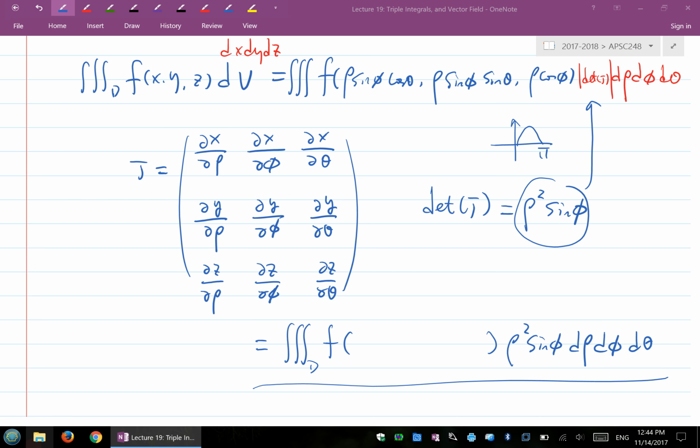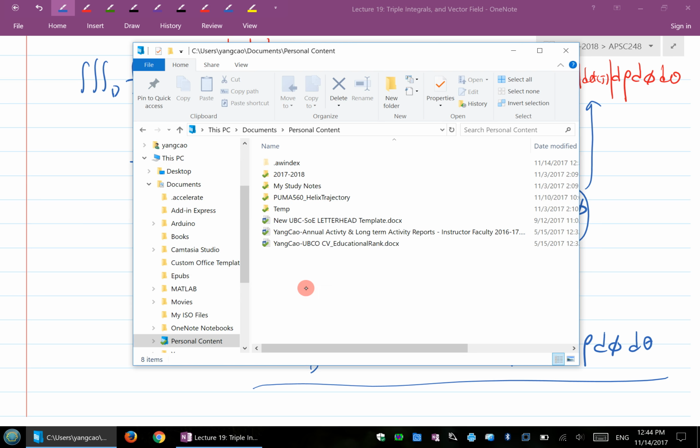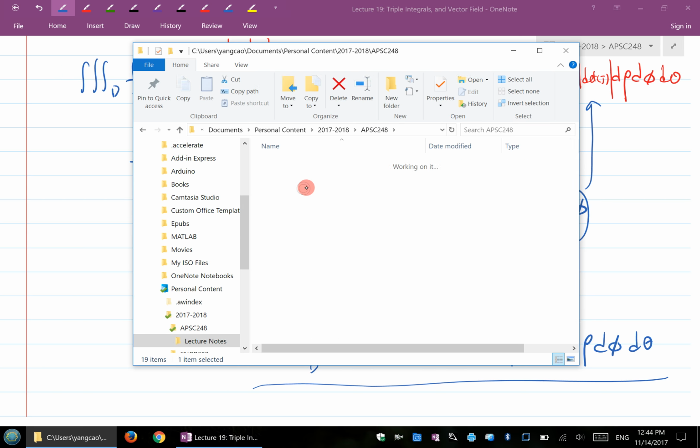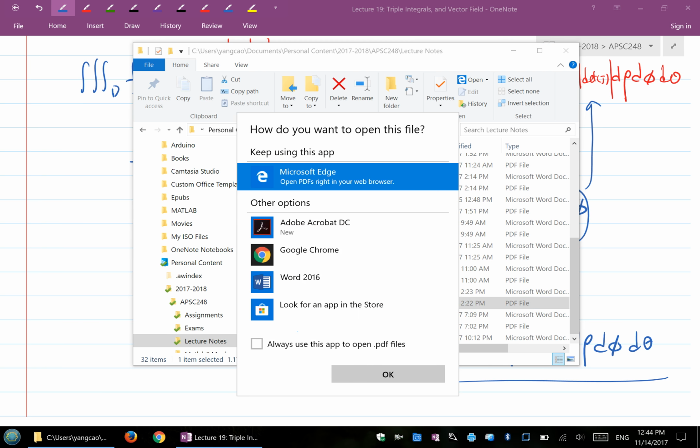You do have another option. Instead of using the Jacobian here, you can use a different approach to find this expression.